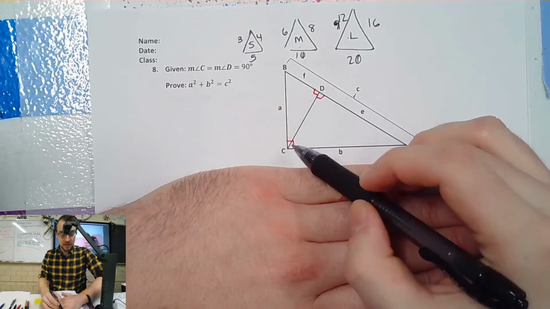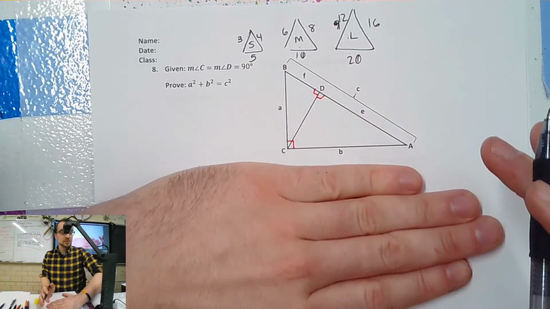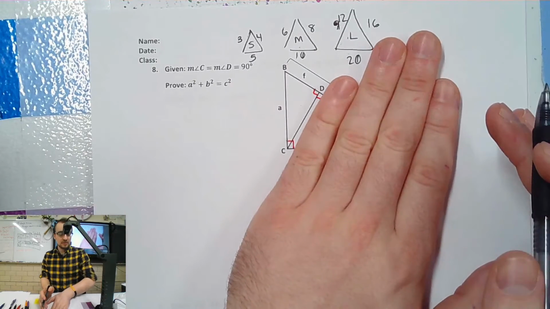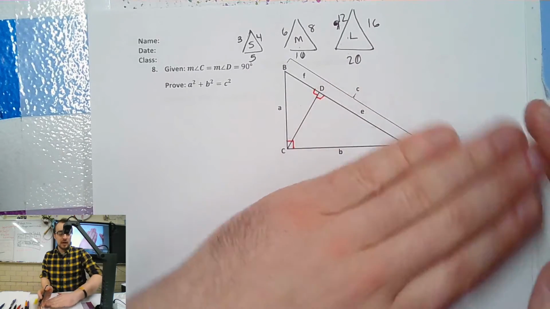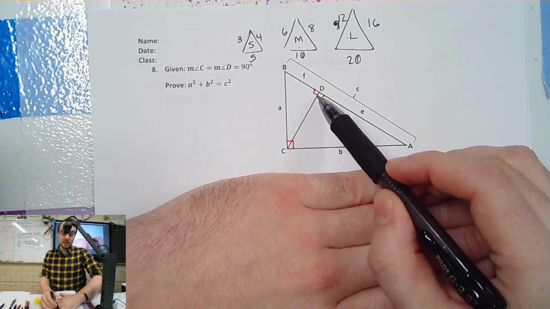Yes, that has a right angle and that has a right angle. I'm talking, what do they share? This one and this one. What angle do they share? Meaning overlap. C is a right angle, so they both have right angles.